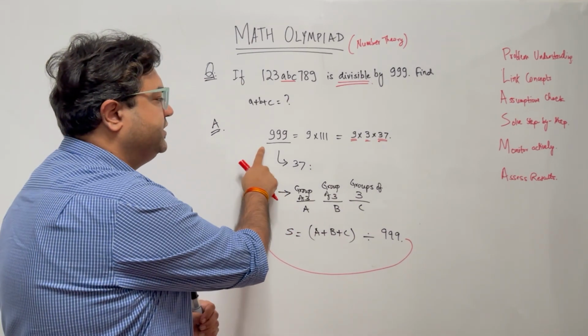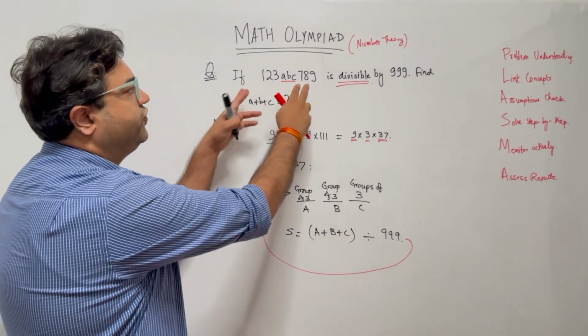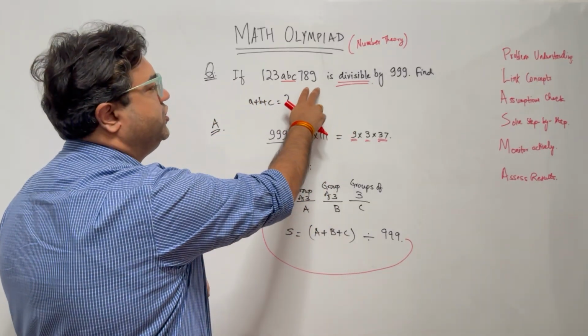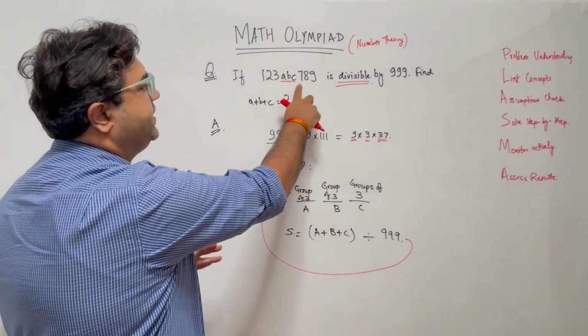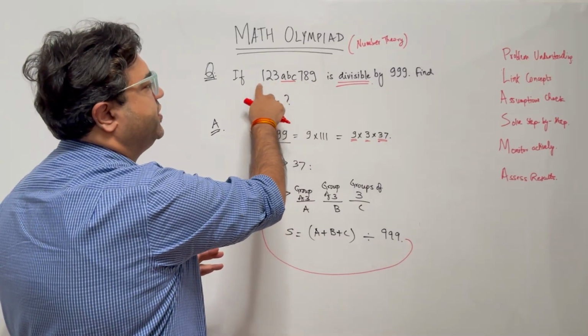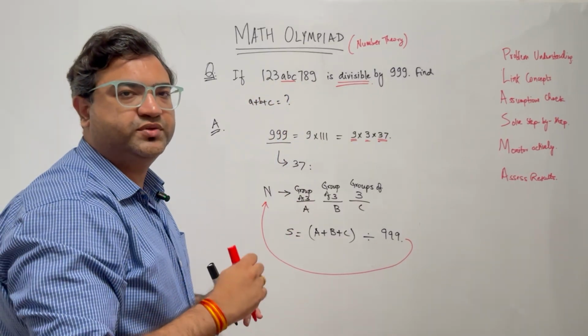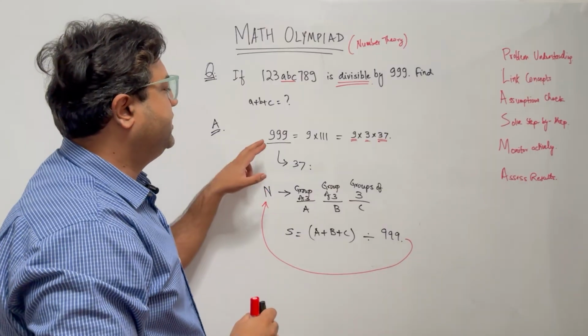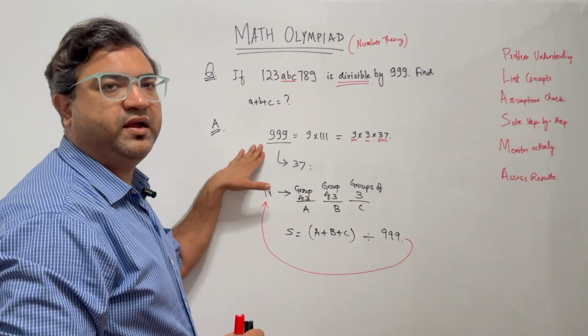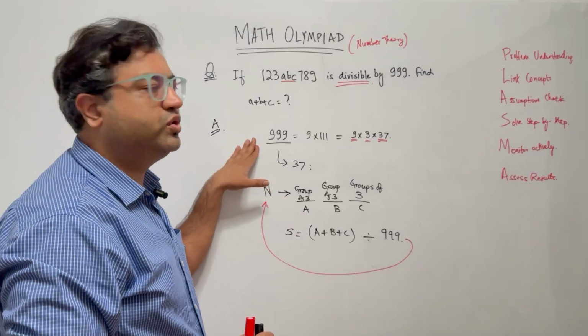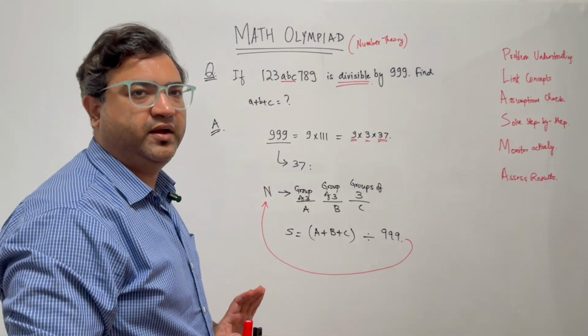Let me repeat. For any big number, you divide it into groups of 3. Like here 7, 8, 9 is a group, ABC is a group, and 1, 2, 3, these are 3 groups that you can identify from here. And then if you add all these up, it should be divisible by 999. If that is true, then this number will also be divisible by 999.